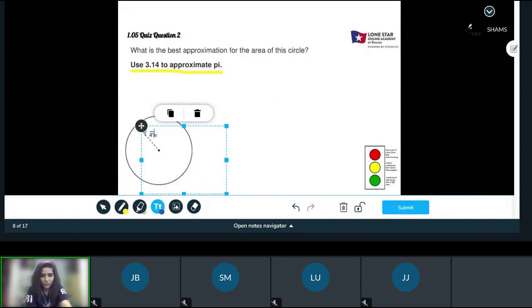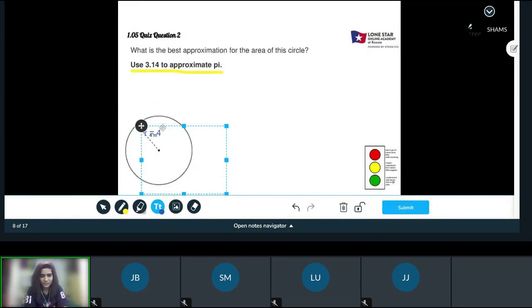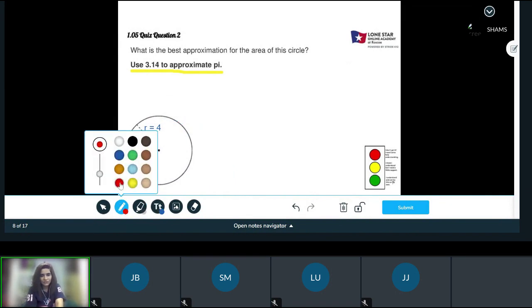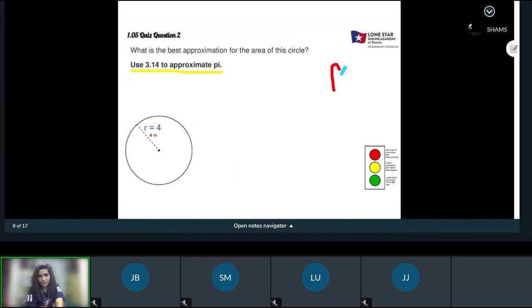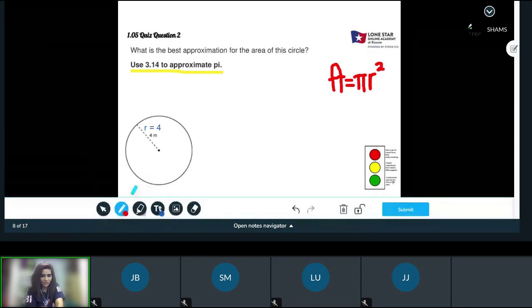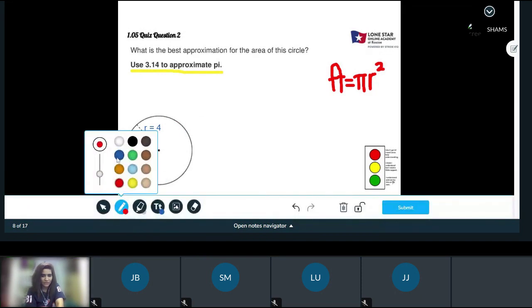R equals 4. Just in case if it is too small for somebody, R equals 4. That is given. To find area of a circle, you use the formula A equals pi, that is 3.14, times radius squared.